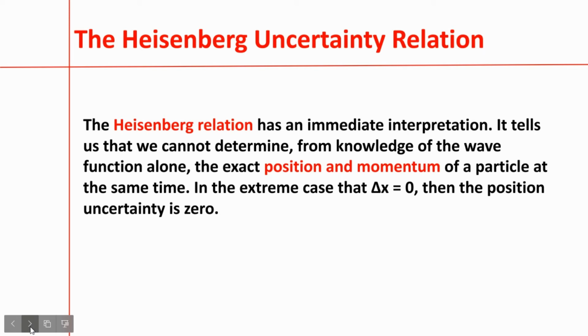However, the uncertainty relation does not say that we cannot measure the position and momentum at the same time. We certainly can measure, but maybe there are some other difficulties in finding the position and momentum of the particle.